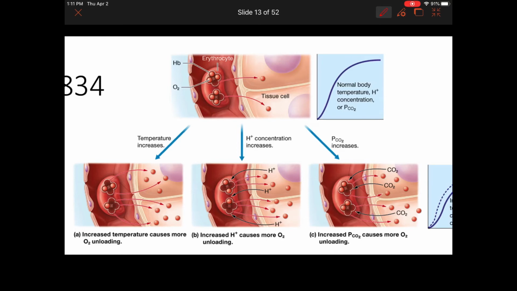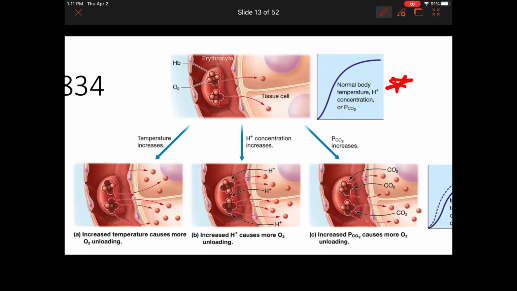Under normal body temperature, normal levels of PCO2, and normal pH levels, our oxygen dissociation curve remains the same. So no changes to that curve will take place.